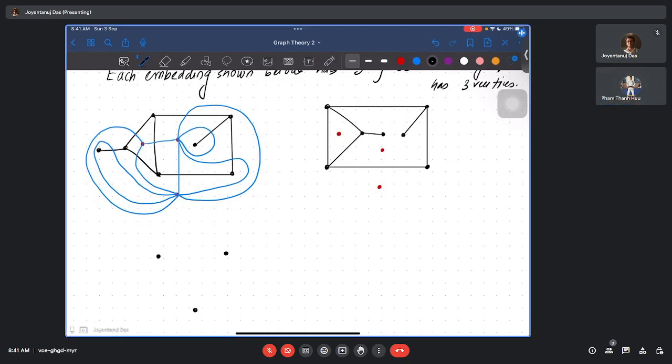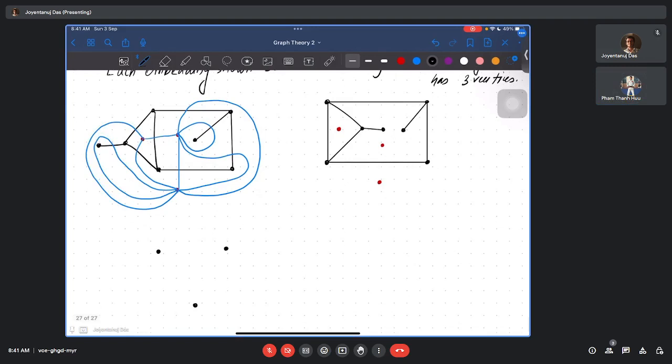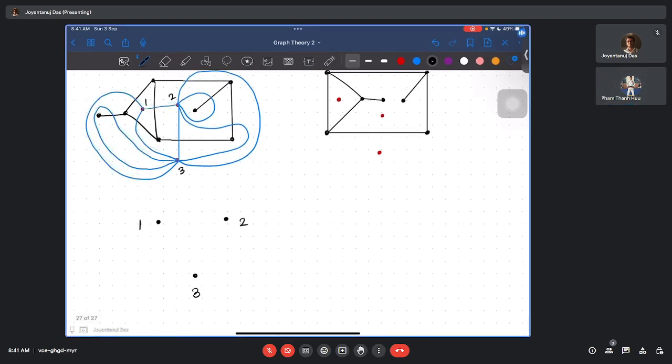We have to see actually that they are not isomorphic, right? So let us name the vertices. Suppose this is 1, 2, and 3. There is a loop at 2 and a loop at 3. Between 1 and 2 there is only one edge.